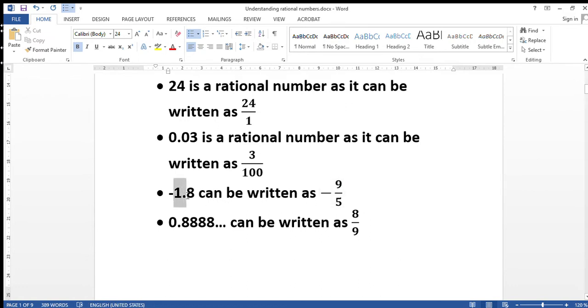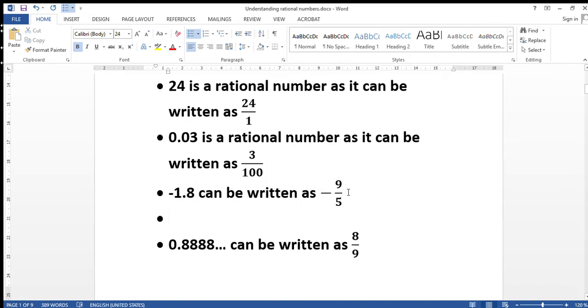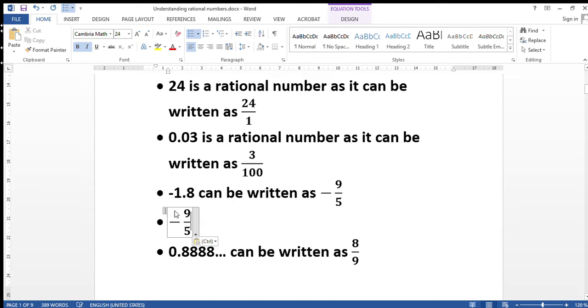All I need to do is make this a whole number, so we have a negative 18, and then all over, I'm going to need to use a fraction. A negative sign here. Again, we make this a whole number: from this decimal point going to the right, we count 1. It's only 1, so we write it as negative 18 over 10.